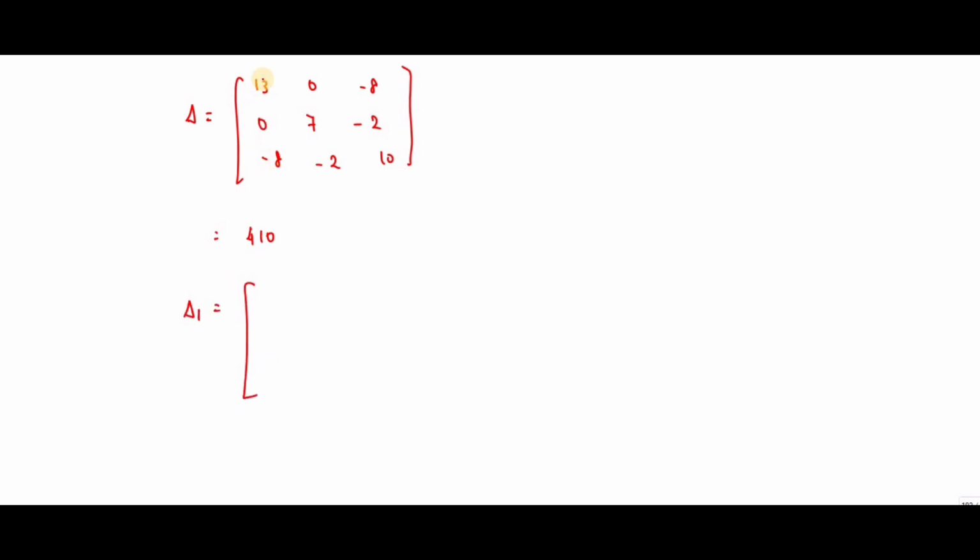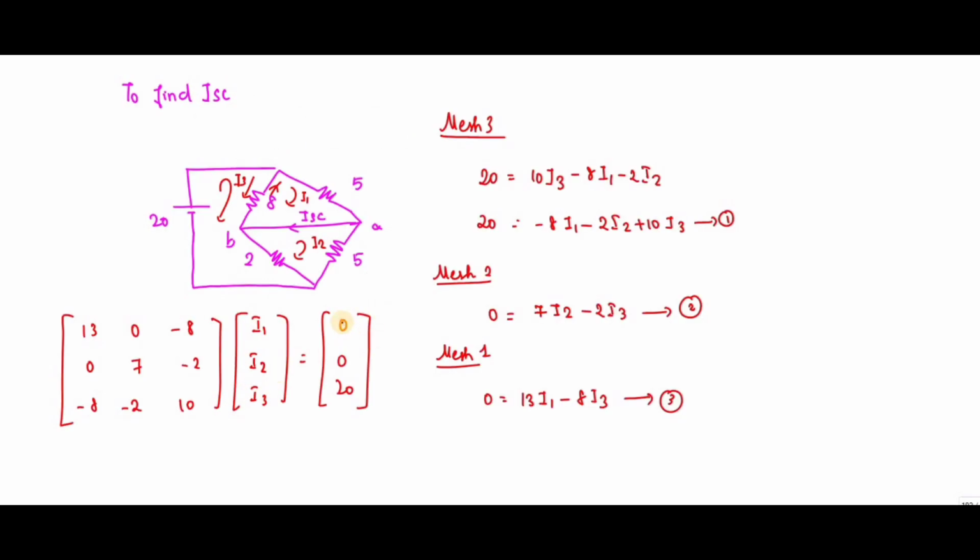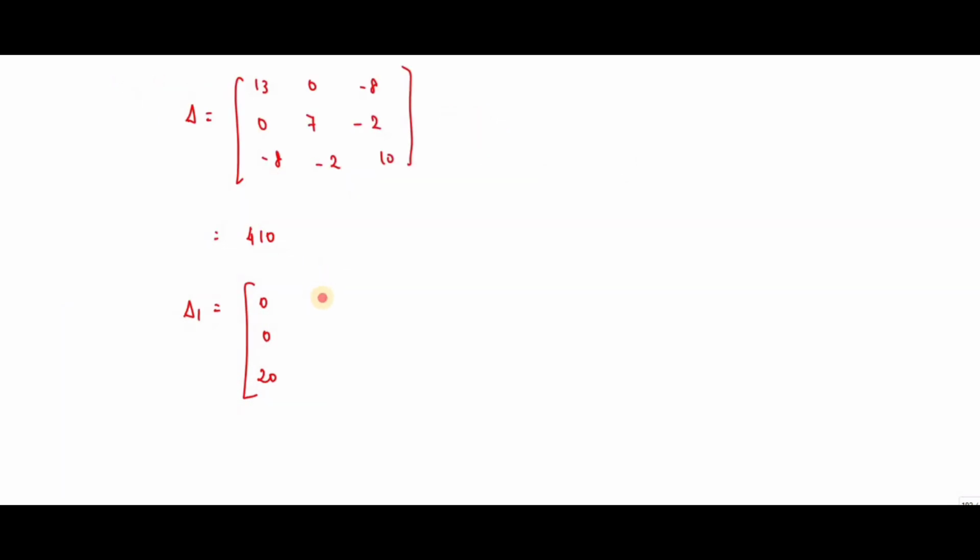If I want to find the del 1 value, I have to replace the first column by the voltage values, that is 0, 0, 20. The rest is similar to del. So this value is nothing but 1120.